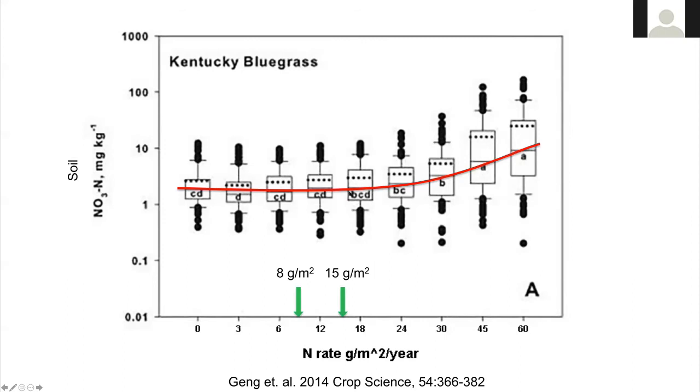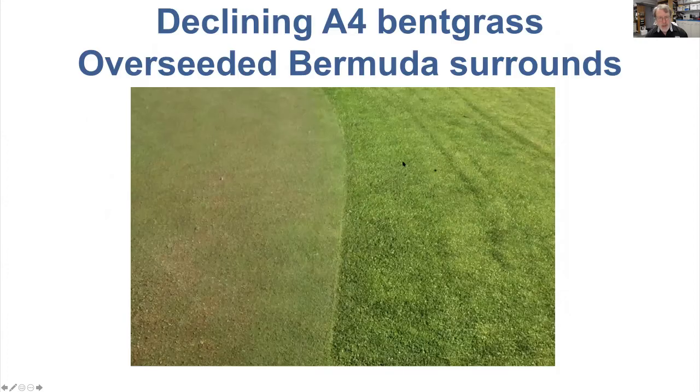So they started to pick up nitrogen in the soil. Above this 15 grams per meter square, they're starting to see more nitrogen than the plant can use. It could use everything they put on, stayed flat, and then it started going up above around 15 parts per million, where the plant was utilizing that nitrogen. So the numbers are pretty good.